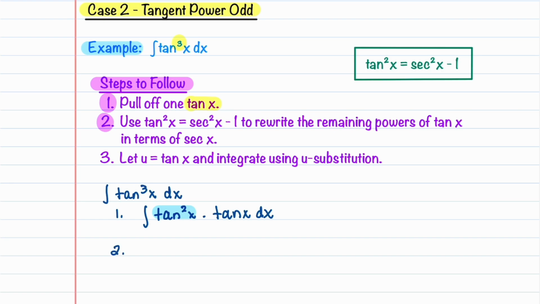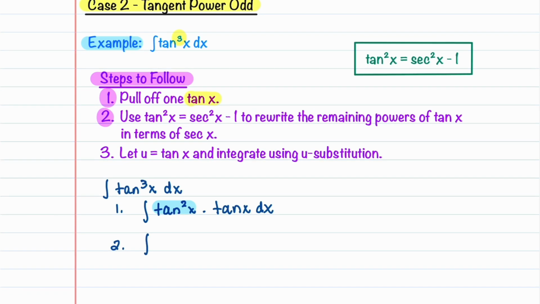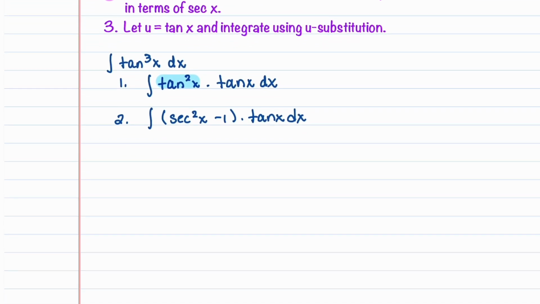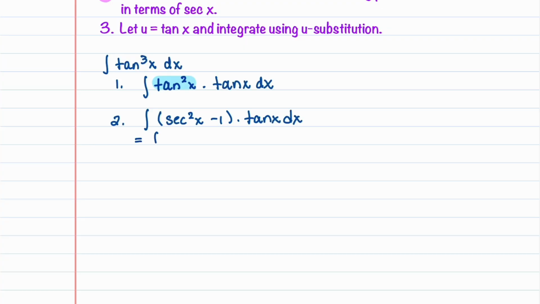We are going to take the tangent squared that I have highlighted in blue and rewrite it as secant squared x minus 1 times tangent x dx. Now let's make this two integrals.